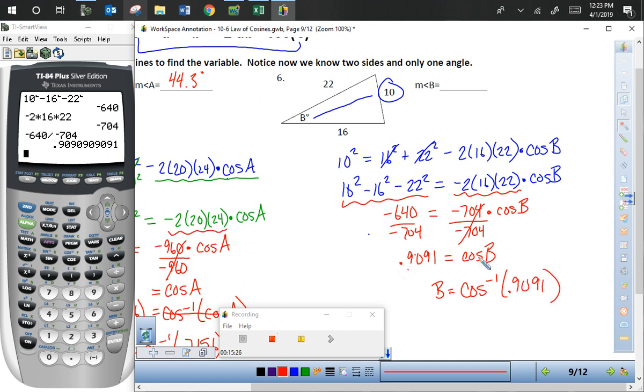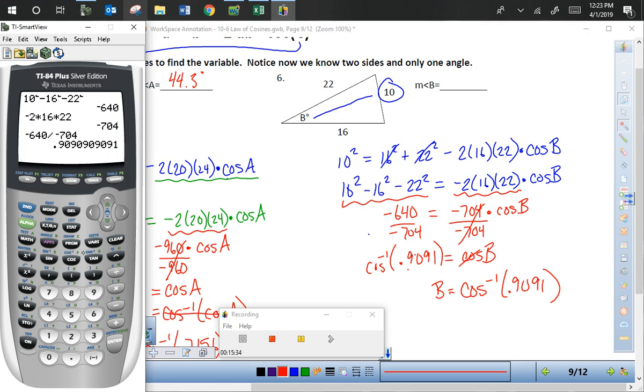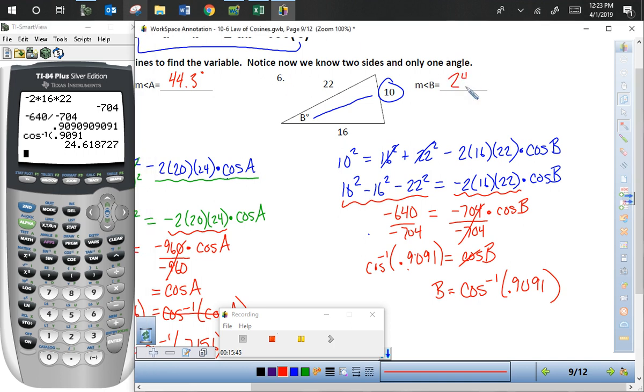Okay, we're doing it on both sides, but remember it cancels on that side. So the inverse cosine here of 0.9091 for an angle of 24.6 degrees.